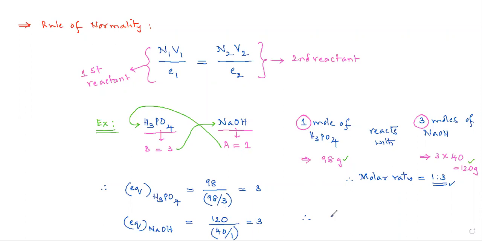Now, therefore, the ratio of equivalents is 1:1. Isn't it? 3:3, nothing but 1:1.